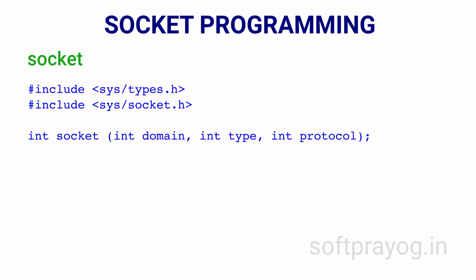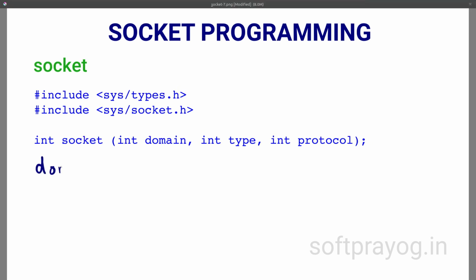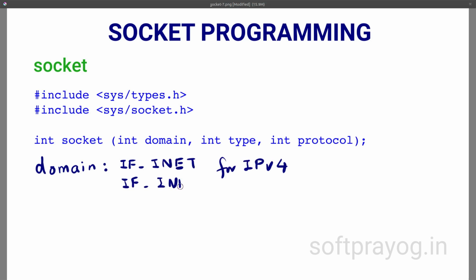The socket system call creates a socket for the calling process. A socket is a communication endpoint. The first parameter is the domain, which can be AF_INET for IPv4 and AF_INET6 for IPv6 protocol family.